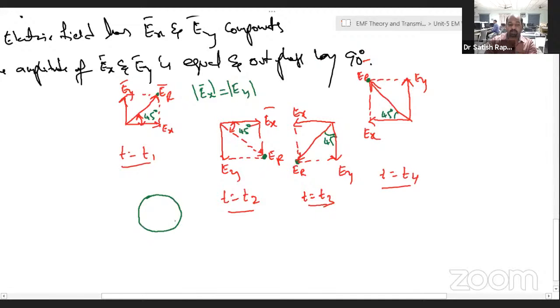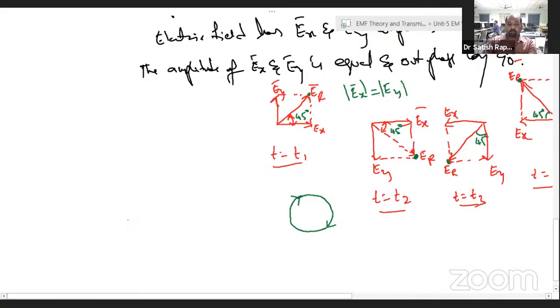And hence the wave is said to be circularly polarized.